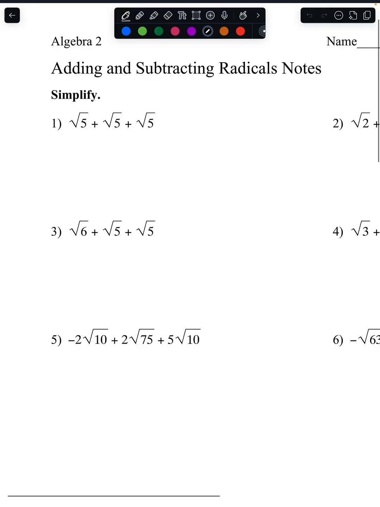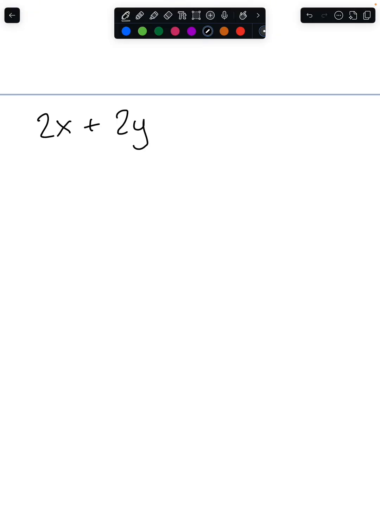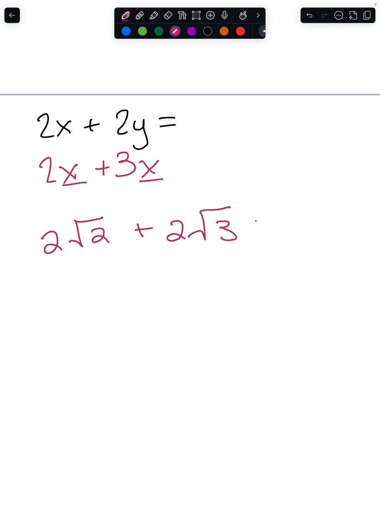So, for example, you wouldn't be able to combine those because those are not the same term or not the same variable, but you can do this one because these are the same. With that being said, these cannot be added together because this and that are not the same, okay?